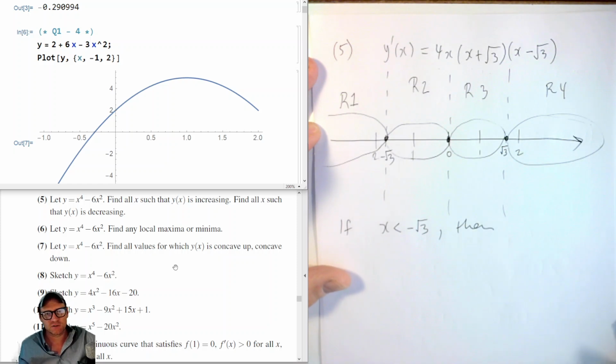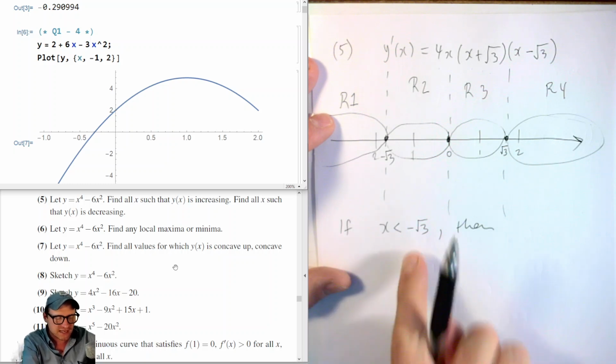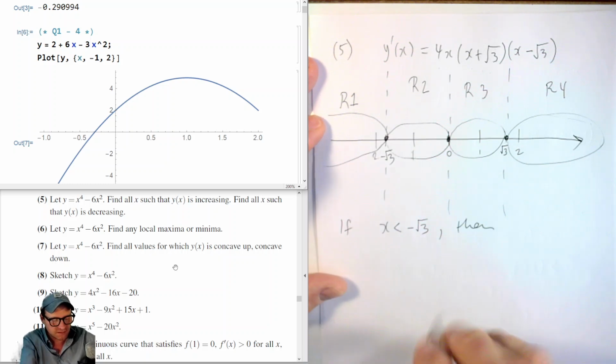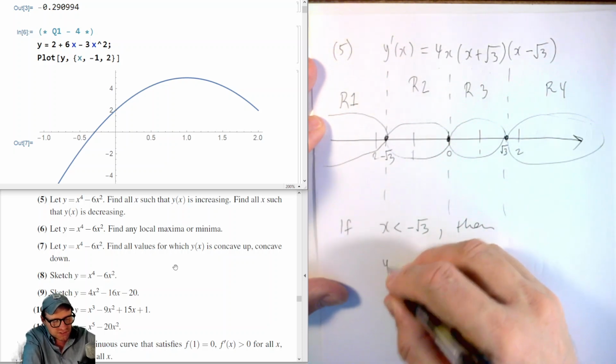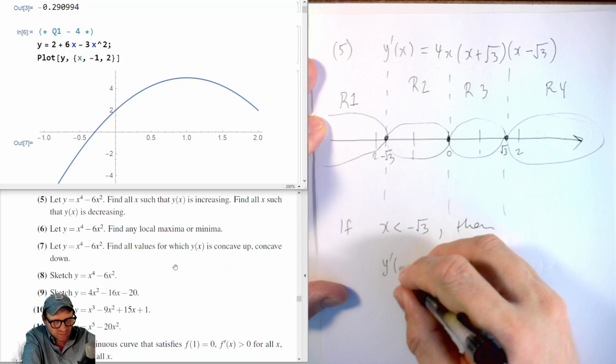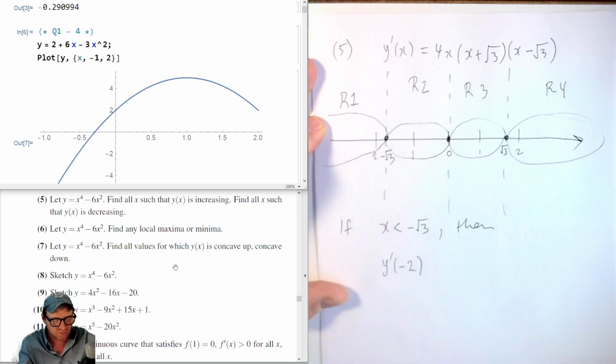But if you're really unsure, because it's a little bit tricky to think about the logic there, you can choose a number that is less than minus root 3. Let's choose y dash of minus 2 as a representative for what happens in that region.